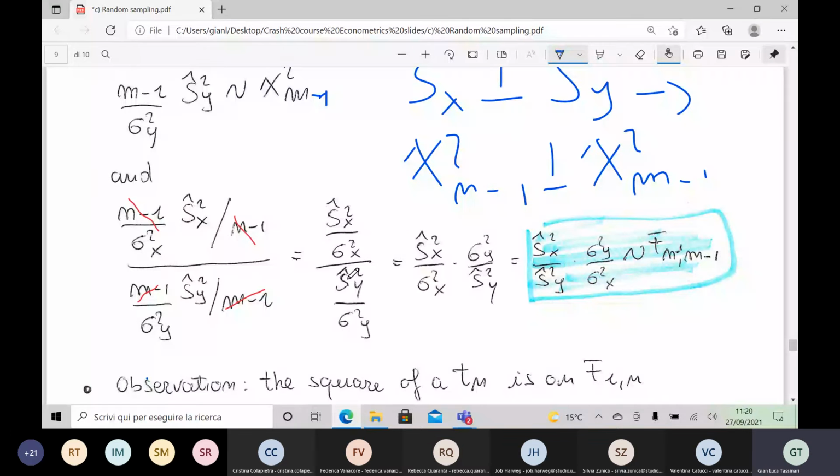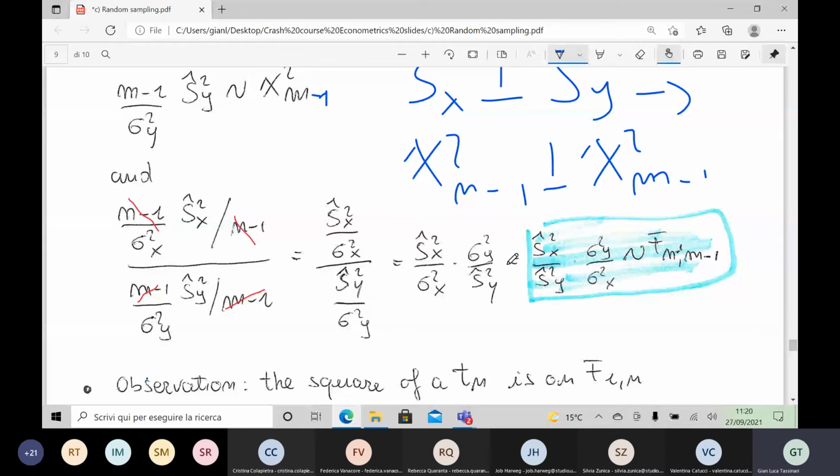You can either stop here, or alternatively, you can transform this ratio into a product by multiplying this one by the reciprocal of this one, which is reported here. If you want, you can put under the same ratio the two unbiased sample variances. So you have this over this one, times the variance of the population Y and the variance of the population X.